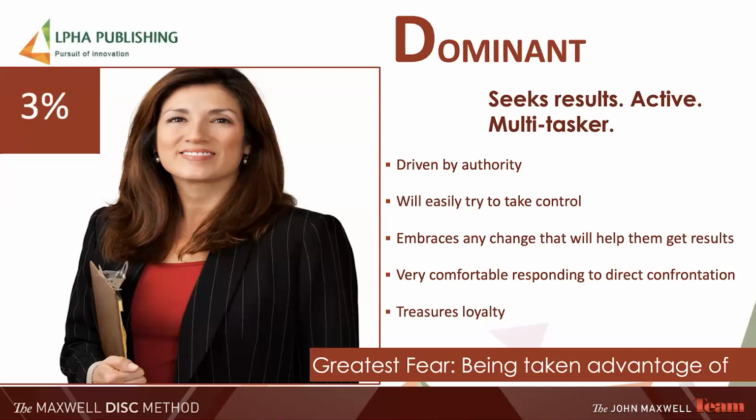They will embrace change as long as it produces results. They're very, very comfortable with direct confrontation, either giving it or receiving it. And they absolutely treasure loyalty. Now, one of the biggest fears for them is being taken advantage of, because they want to be in control, and being taken advantage of means that they have lost control.